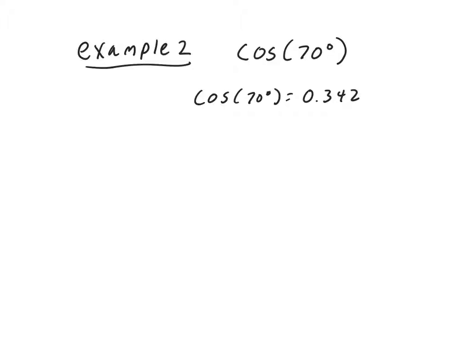Remember, you need at least 5. So 0.34202. I'm aiming at that fourth number past the decimal. I look at the fifth number, and it's a 2. It's less than 5, so that 0 is going to stay a 0. So the cosine of 70 degrees is equal to 0.3420. You do want to write the 0 because we're rounding to it.